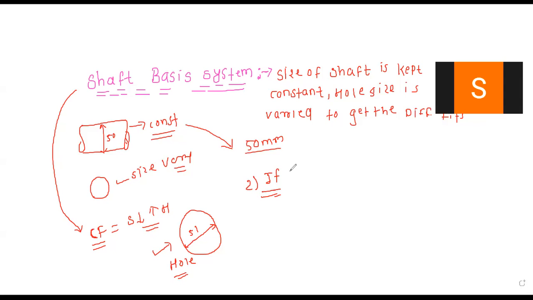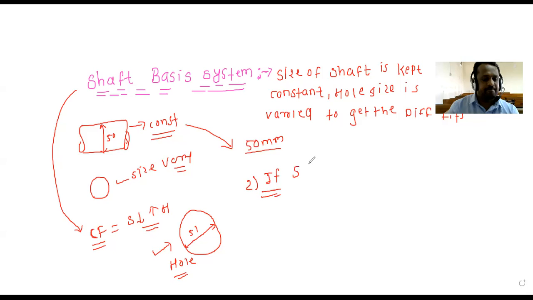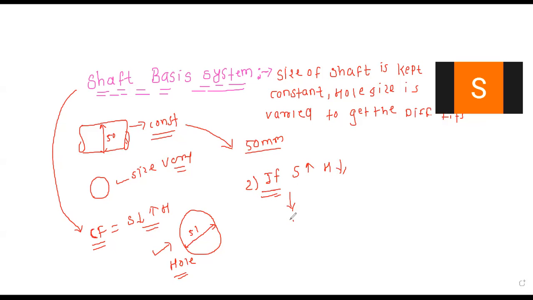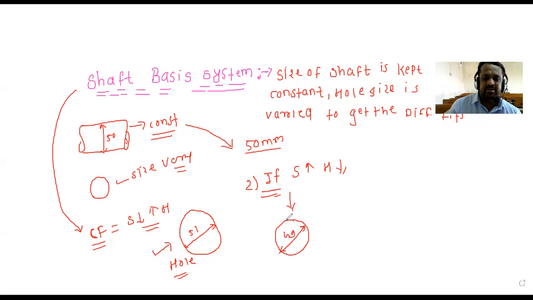The shaft should be greater, hole should be smaller. So how much should we drill the hole now? 49, somewhat below 50, so that it will achieve the interference fit.